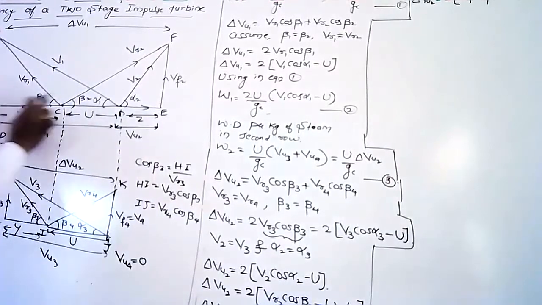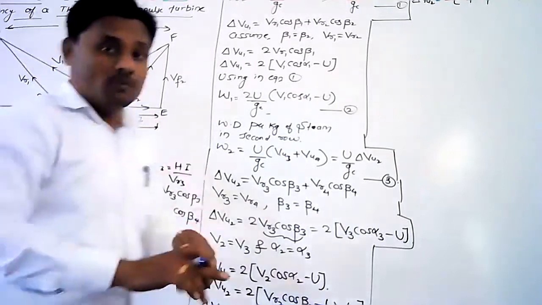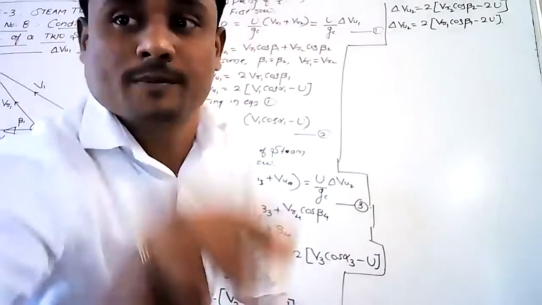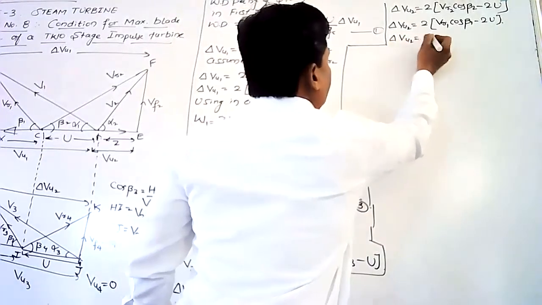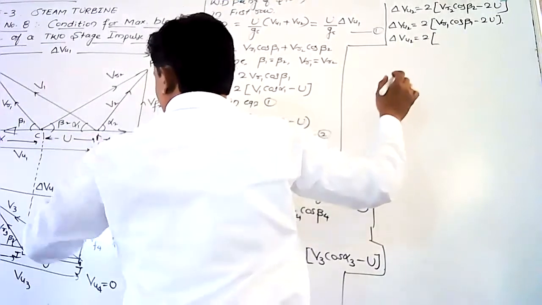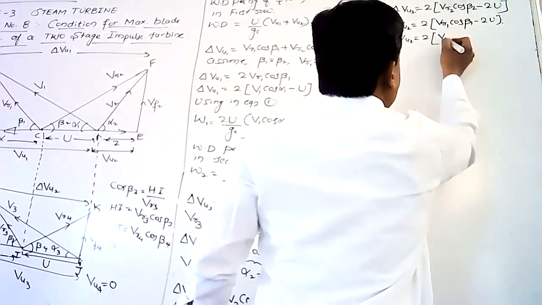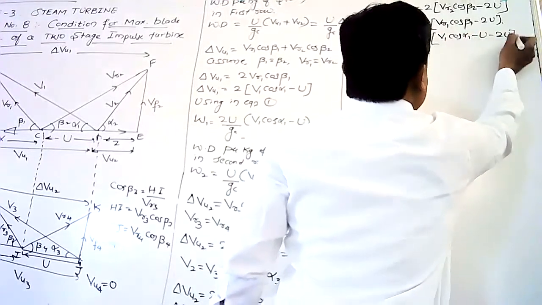That is total base CE minus U. VR1 cos beta 1 is X, and X can also be written as VD minus U, where VD is V1 cos alpha 1 minus U. So now look here carefully: delta VU2 equals 2 times V1 cos alpha 1 minus U, minus 2U as it is.